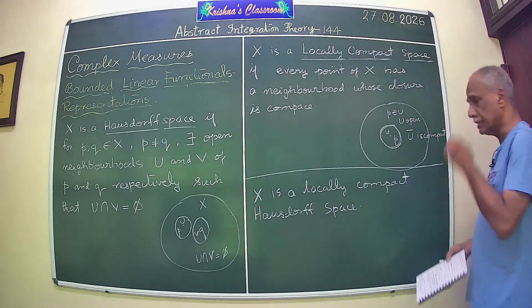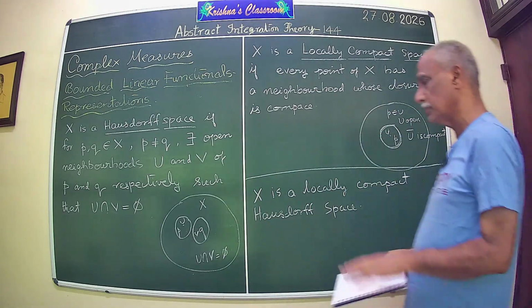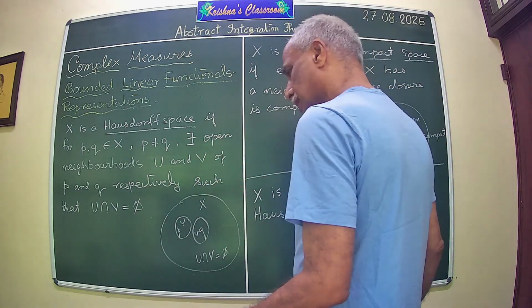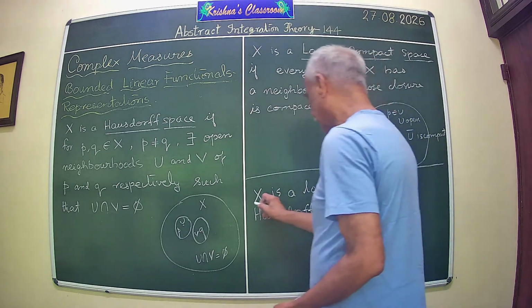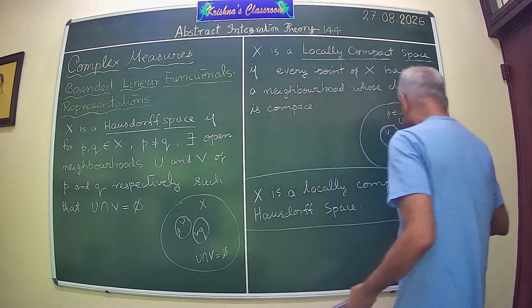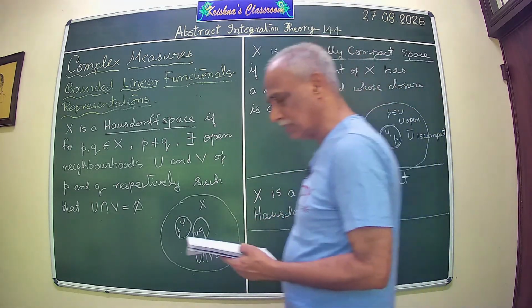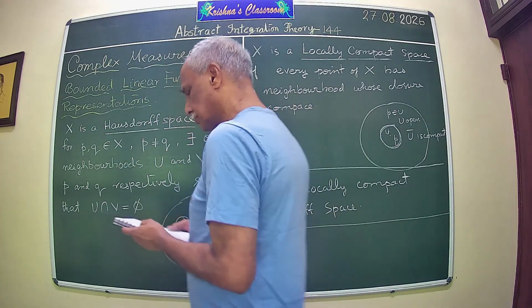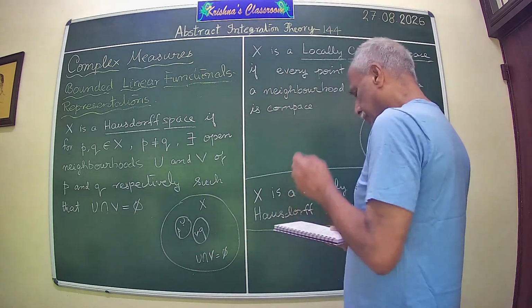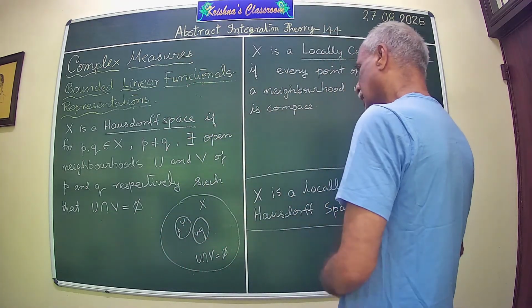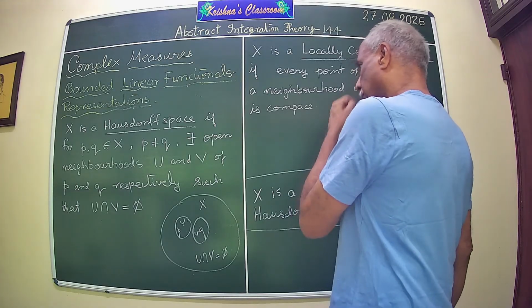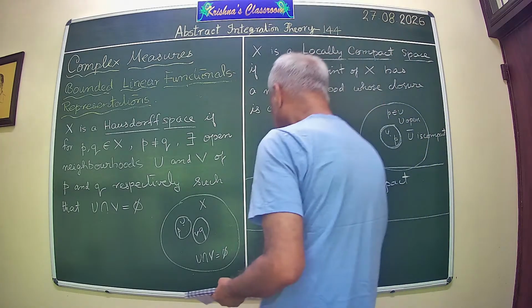It talks about a local structure, and it also talks about a separation property that is attributed to X. So we are going to work on such spaces. So we'll just recall the theorem for positive linear functionals.